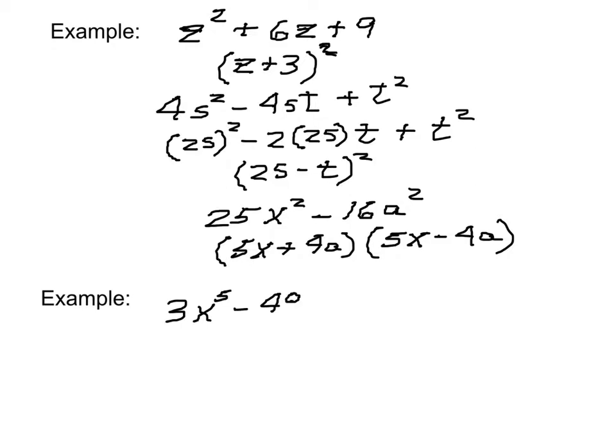Now remember, the first rule in factoring is to look if there's anything common, or look to see if you got a GCF greater than 1. All right, if I were to look at this, look at the coefficients first. I got 3 and 48. Well, it's pretty obvious that 3 is the GCF for those, and then I got x and x to the fifth, so therefore my GCF in this case is 3x, okay?